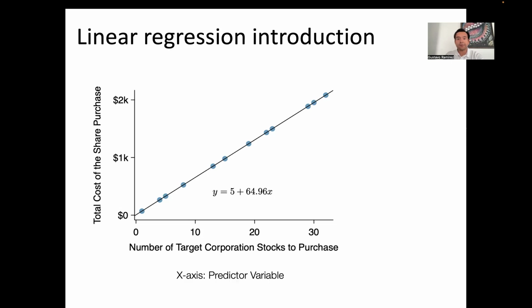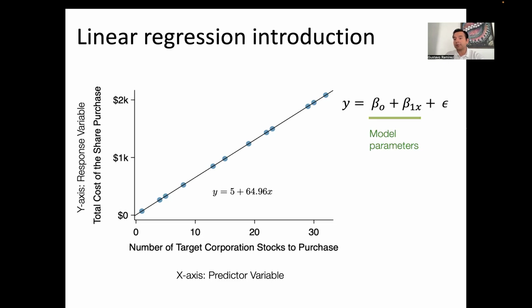response variable value. So X axis once again is usually our predictor variable. Our response variable is then consequently represented on the Y axis. And the equation of a line is more or less what we call our model here. This equation of a line includes two main model parameters.